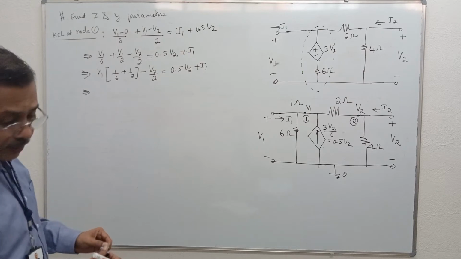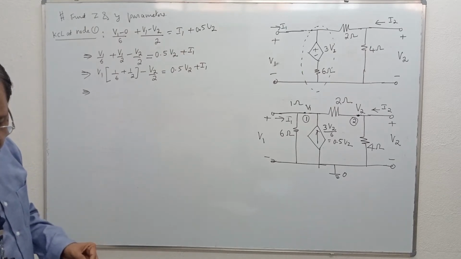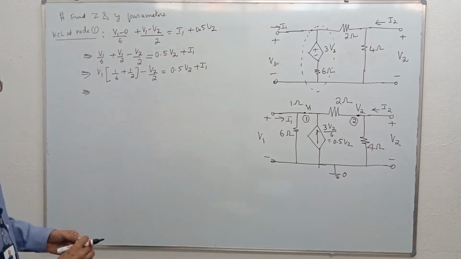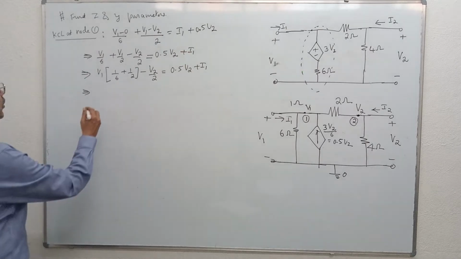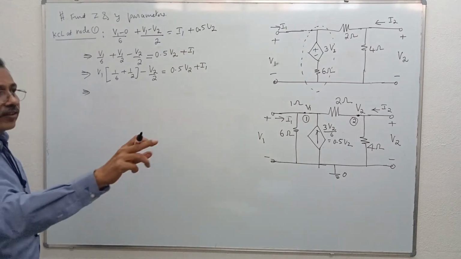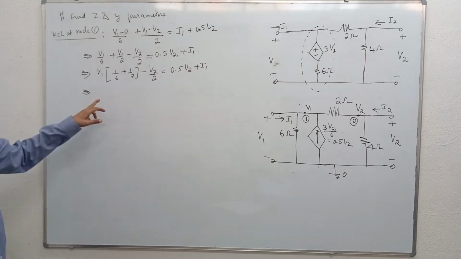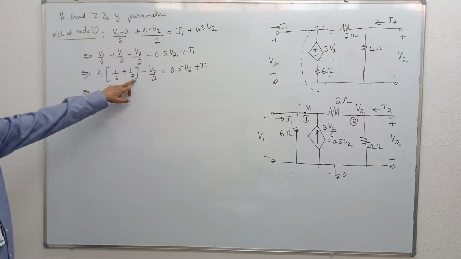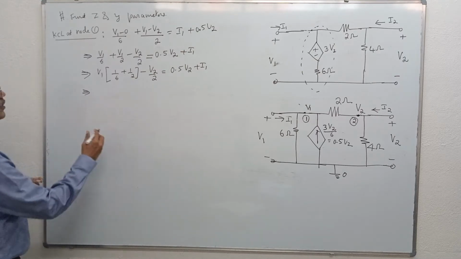V1 by 6 plus V1 minus V2 divided by 2 is equal to, okay. So we add 1 by 6 and 1 by 2. If you do that, you get how much?